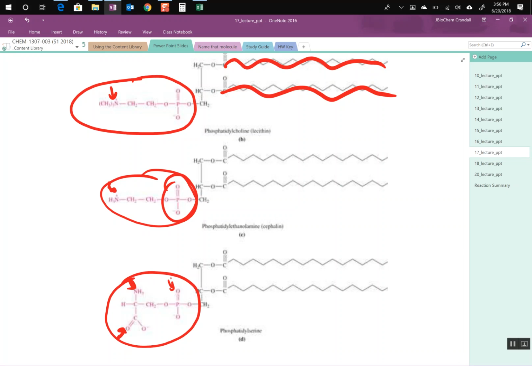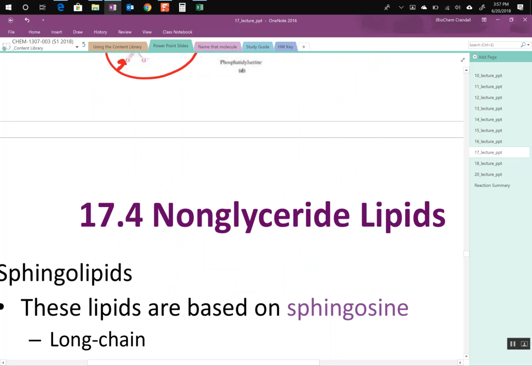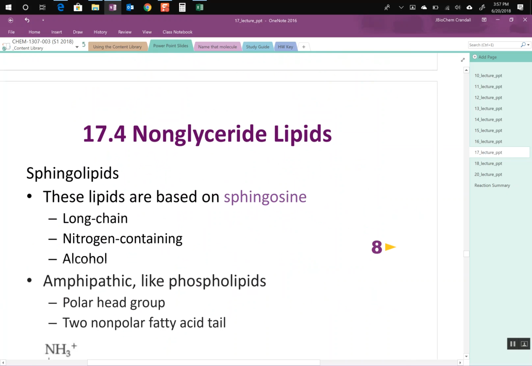And that would be highly hydrophilic, whereas these tails would be extremely hydrophobic. Okay, and we're creating these two different parts to our phospholipid.